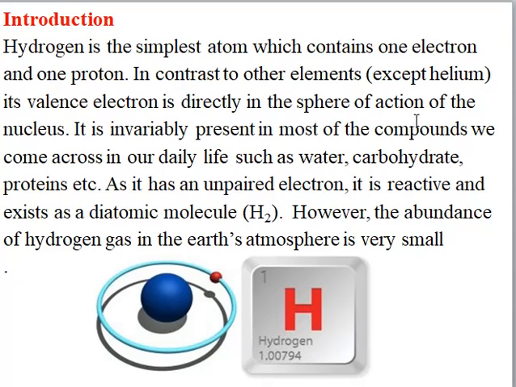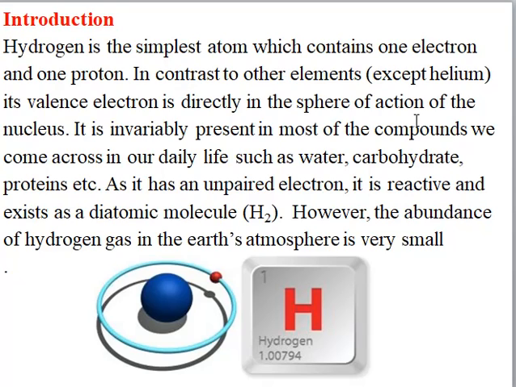It has only 1 electron, so it is reactive and always exists as a diatomic molecule. Immediately when a fresh hydrogen atom forms, it will combine with another hydrogen and form H2. It will not exist as atomic hydrogen. Always it will be present as a hydrogen molecule which contains 2 atoms of hydrogen.